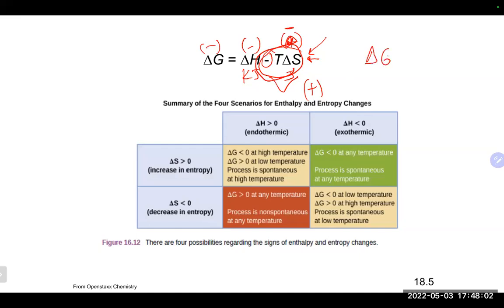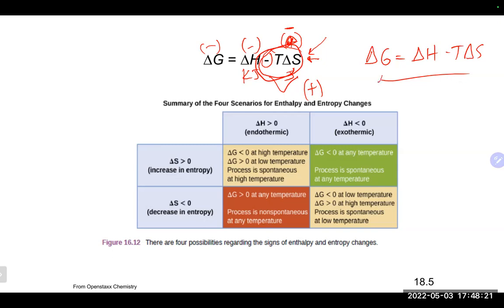So a lot of times you may be asked, using this equation here, if H is positive, S is negative, or something like that, to predict, based on the temperature, whether it would be a spontaneous reaction or not, based on the sign of delta G that you should get.